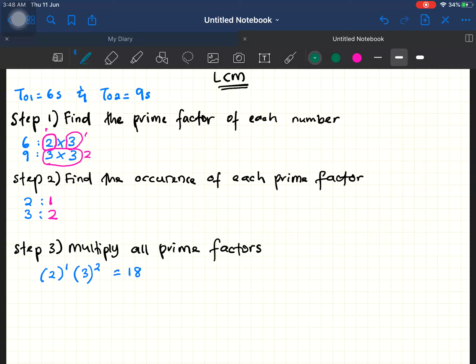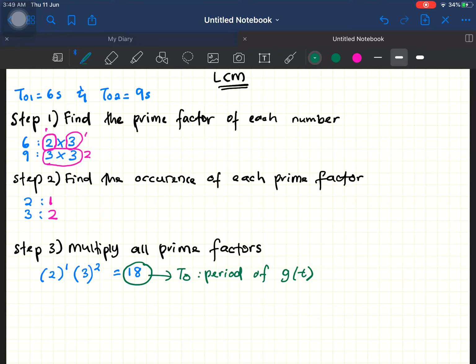This 18 is your T naught, the period of g of t.